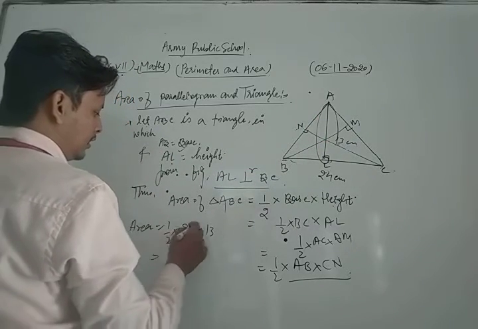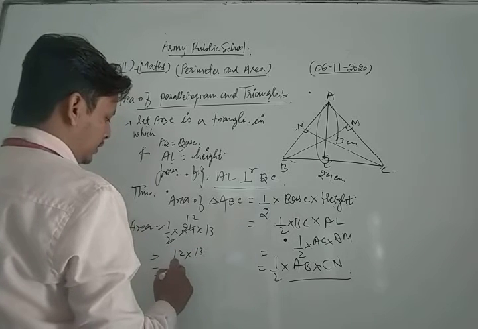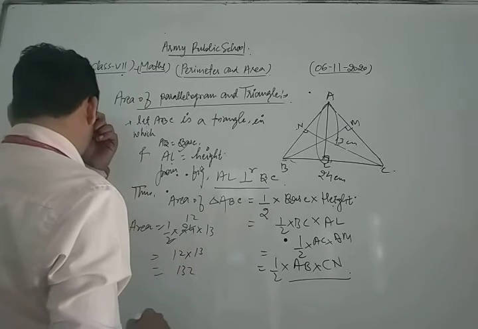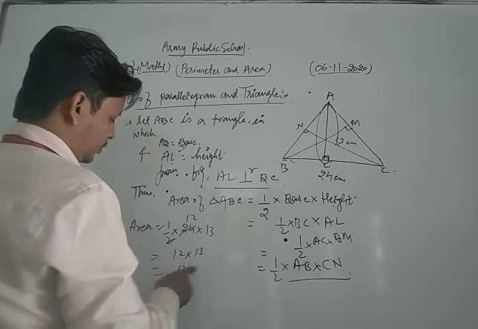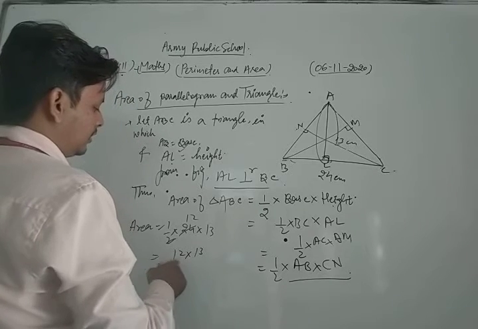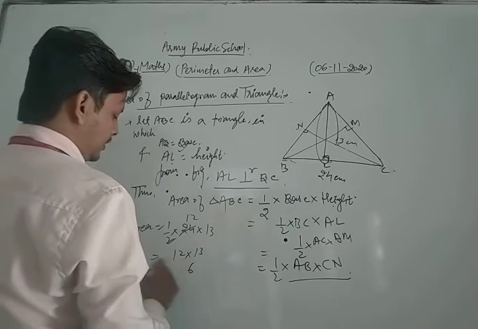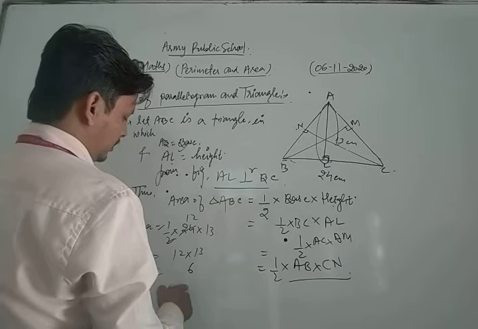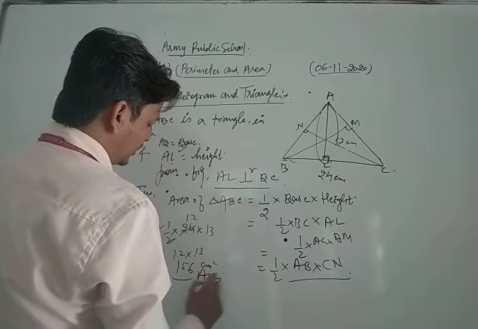Then we get 12 into 13. 12 times 3 is 36, carry 3. 156 centimeter square. So this is our required answer.